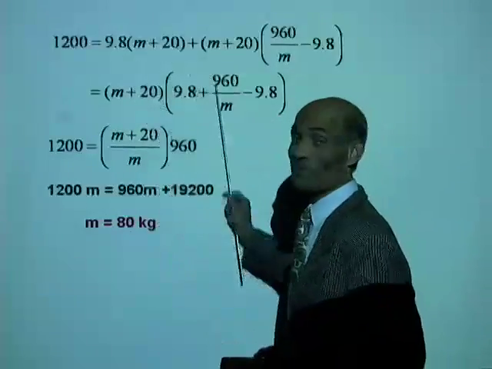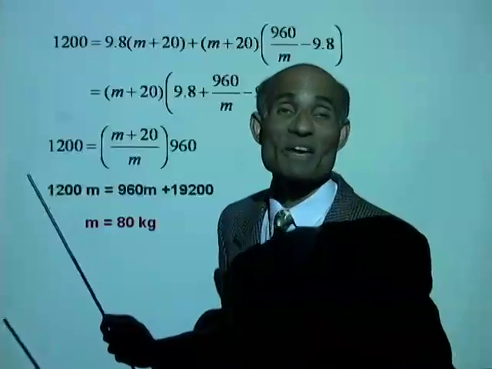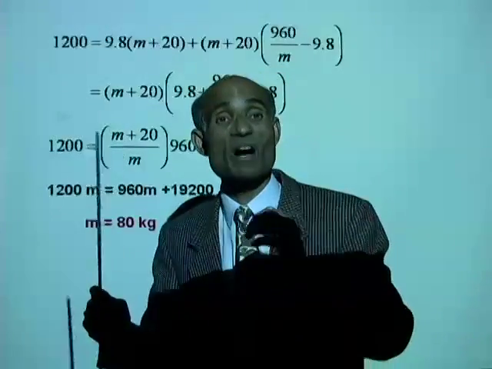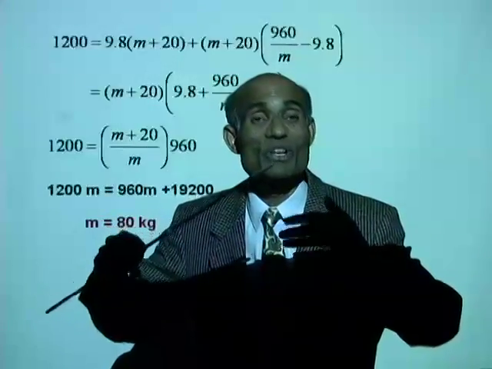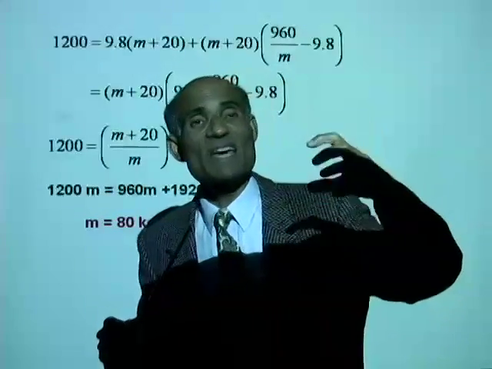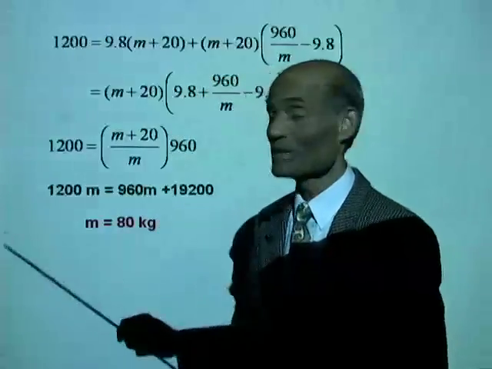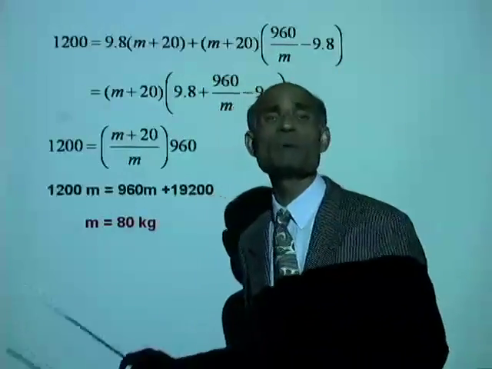Now, I was just showing you one method of solving this equation. Actually, those two equations are systems of equations. You can simplify them the same way we have been solving other systems of equations. So, it's not a big difficult thing.